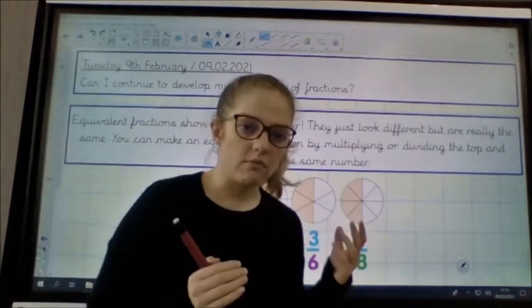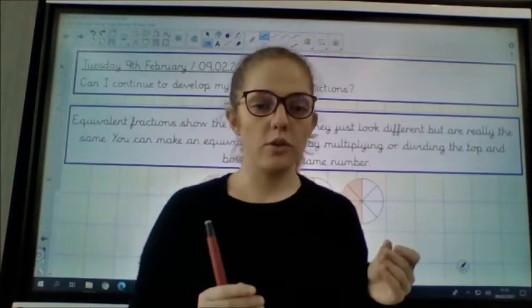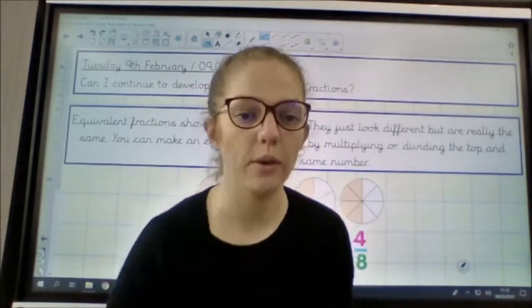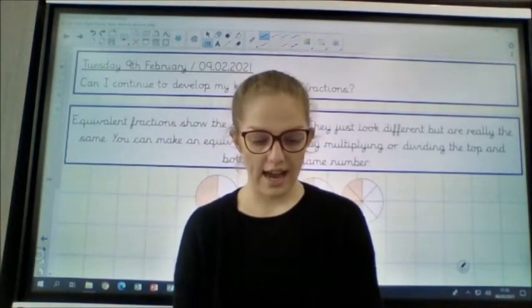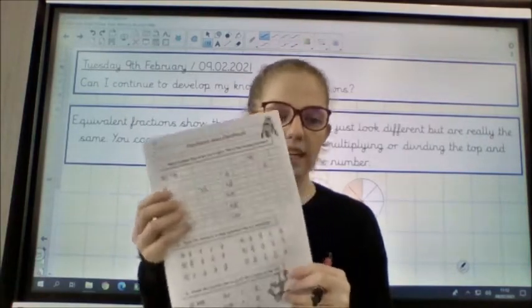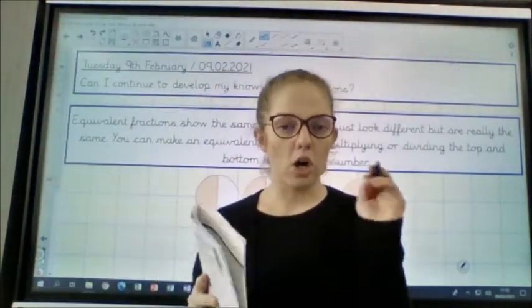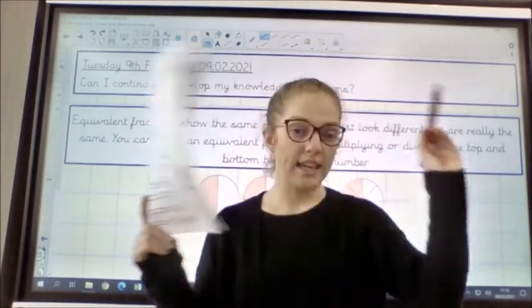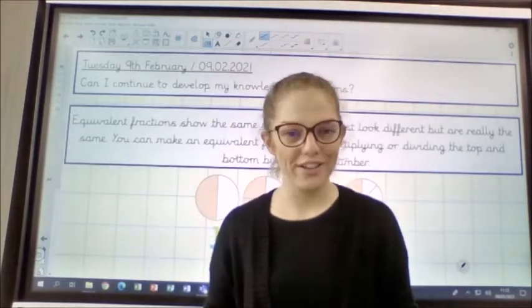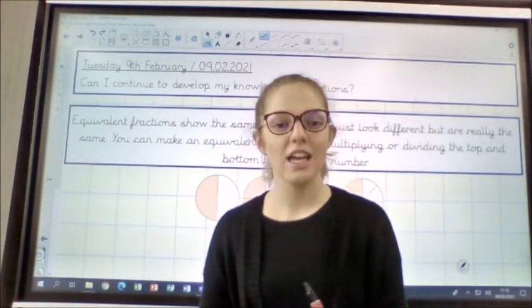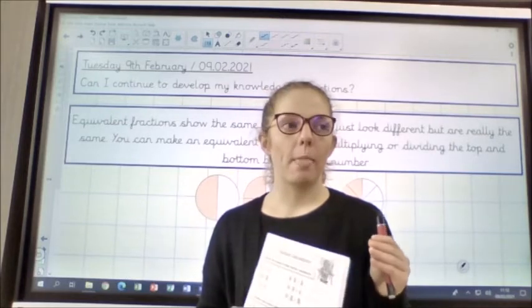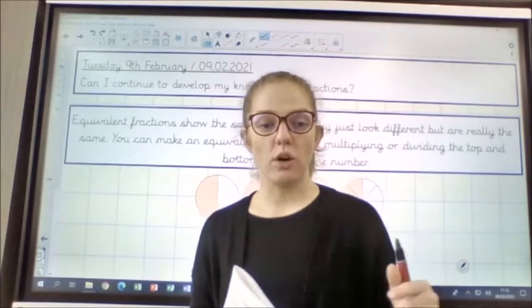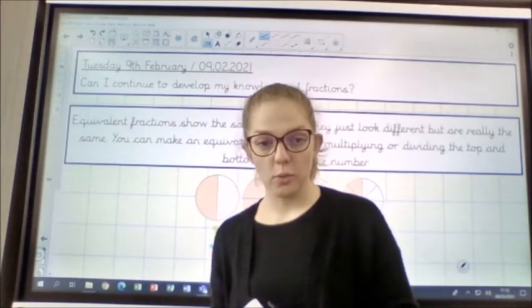I would recommend you use a fraction bar to help you with these next questions for question 2, because I think actually drawing them out and colouring in each part in a whole is easier, because you can see how much each one is. So using fraction bars will help you for this one.